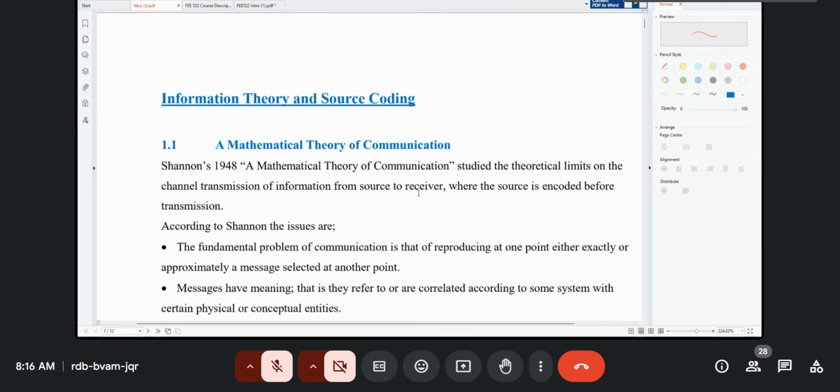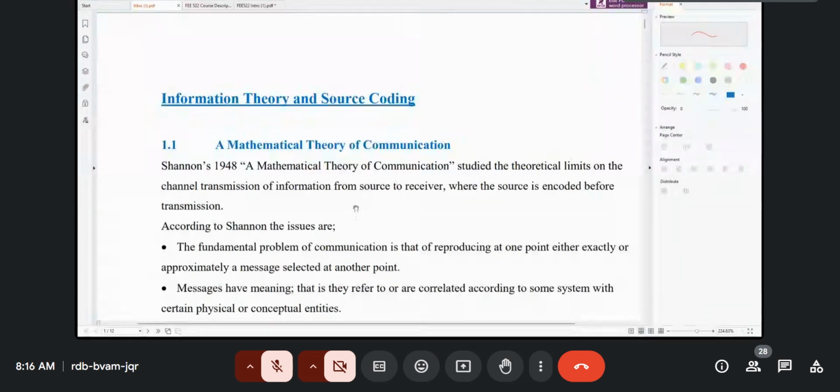And if you read the paper, the things it brings out are what today we take for granted. But in 1948, shortly after the war, that must have been a big thing.